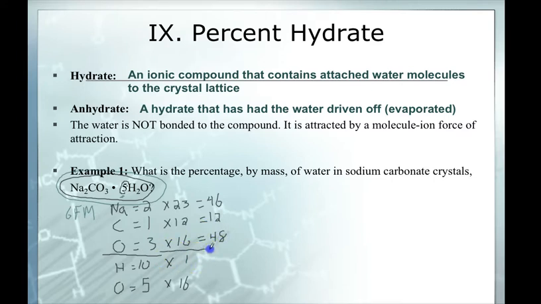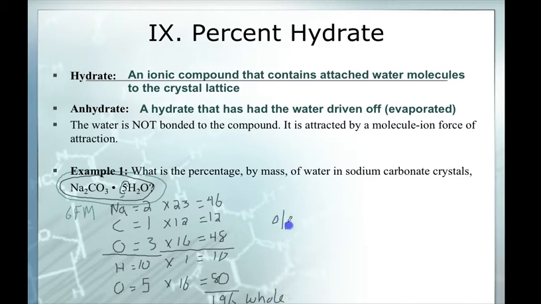Now let's do the water part of it. This comes out to 10. And 5, that's 56. That comes out to 80. Okay? So if you add all of this up, the total comes out to, I believe, 196. That's the whole, if you remember from the equation before.